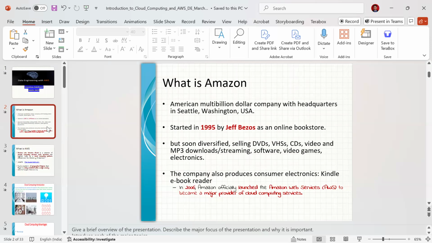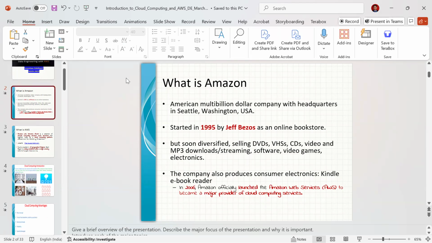And in 2006, Amazon officially started AWS, Amazon Web Services, which became the major cloud service provider in the market for implementing cloud computing in most projects. They started with only two services, and slowly it has increased, and now there are more than 200 services in the AWS environment, which are helping many customers in different projects.